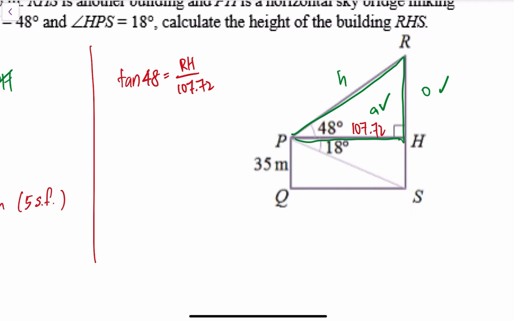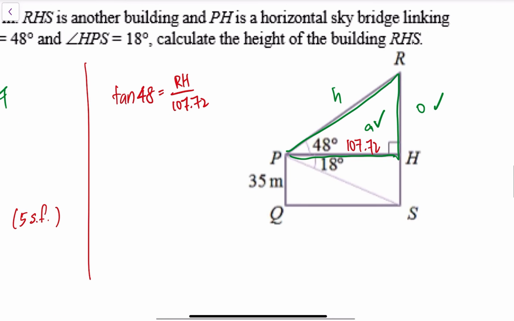So in order to solve this, I will need to multiply 107.72 on both sides because I don't want the fraction to be there. I want to isolate the unknown. So my RH will be equal to 107.72 multiplied by tangent 48, which will give us 119.64 meter, 5 SF.